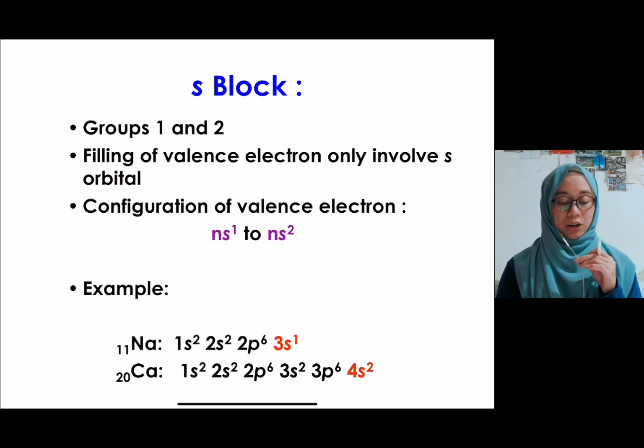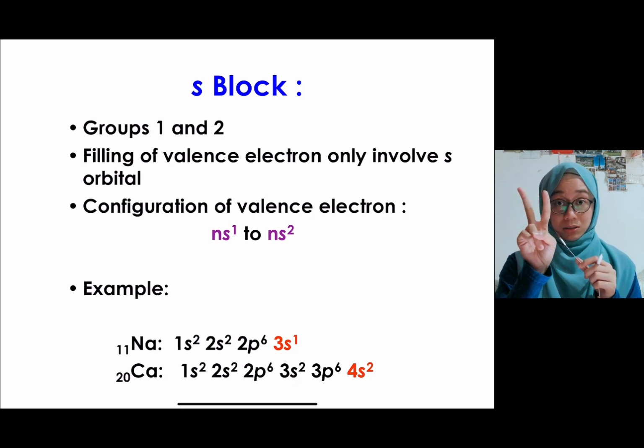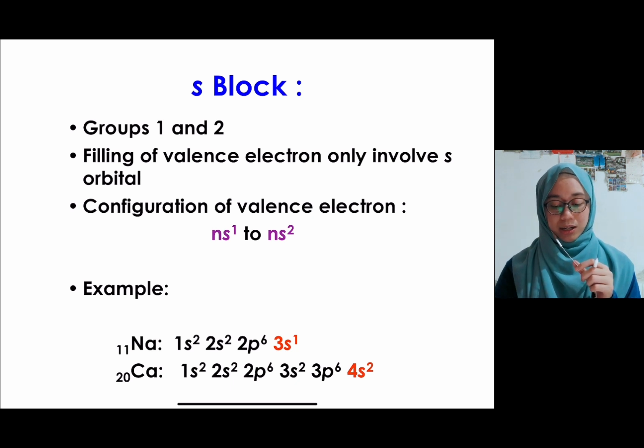Okay, kalau kita tengok macam kalsium pula, so kalsium ada 20 proton, therefore 1s2, 2s2, 2p6, 3s2, 3p6, 4s2. So the last 2 elektron yang kita isi dia terletak di dalam 4s s orbital, therefore dia considered sebagai s block.